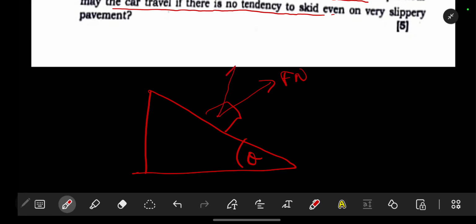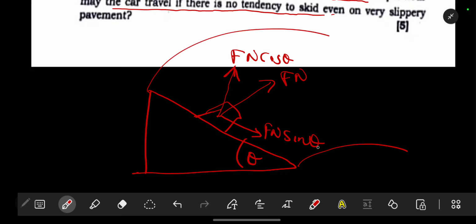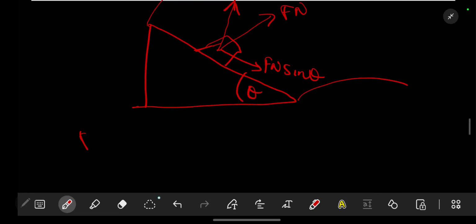Fn can be distributed into its components to give you Fn cosine of theta on top. Then here it will be Fn sine of theta, like that. So with this done, we have the summation of forces in the y should be equal to 0.